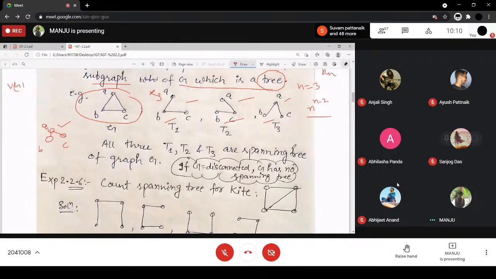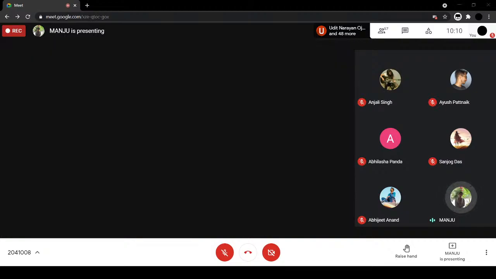Why? A disconnected graph can't have a spanning tree. Yes, so that I have written over here. If G is a disconnected graph, there will not be any subgraph which is connected, right? That's why this has no spanning tree.